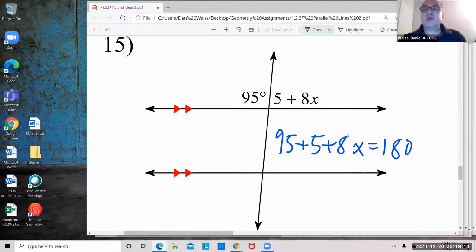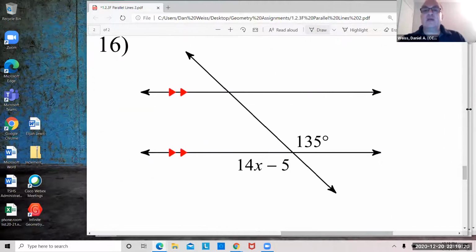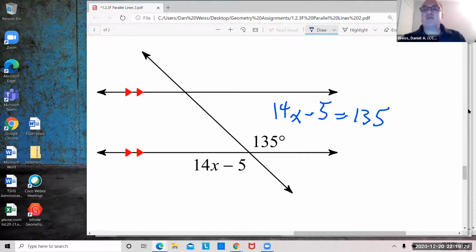Solve for x. Here, they're equal. They're vertical angles. So you're going to do 14x minus 5 equals 135. Solve for x.